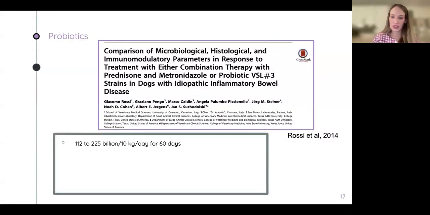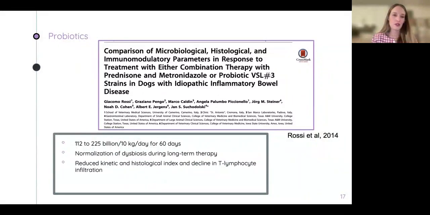They used a really high dosage. Normally, I wouldn't go that high with my patients, but they used, let's say, 112 billion per 10 kilo for 60 days, so 2 months, and they proved that there was a normalization of dysbiosis in long-term therapy, and a real shift when it comes to immune response.